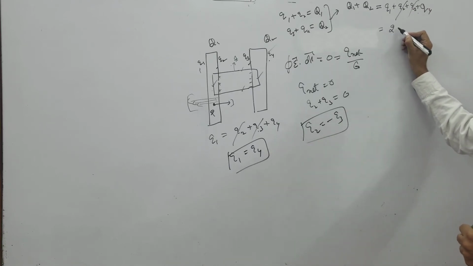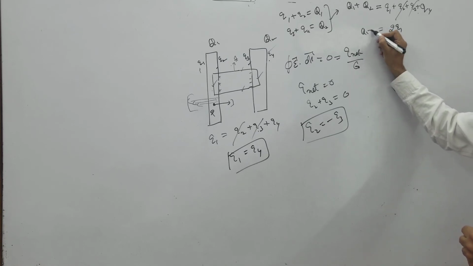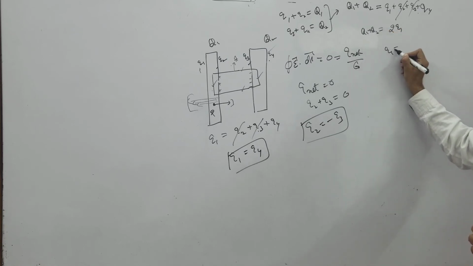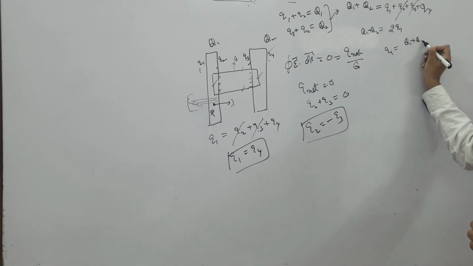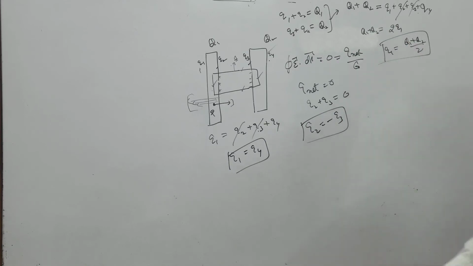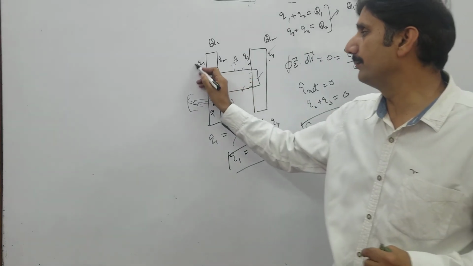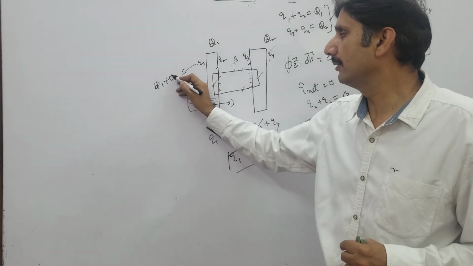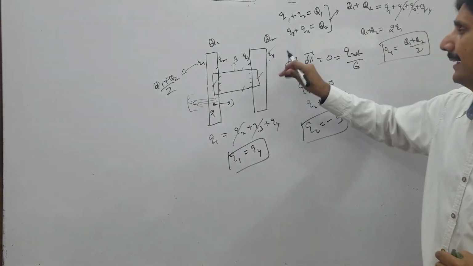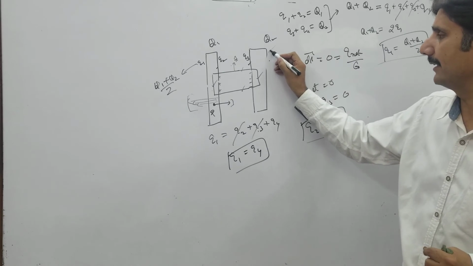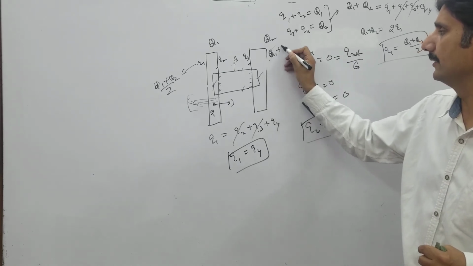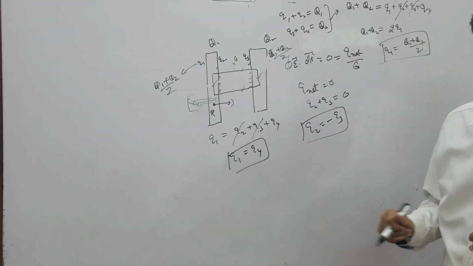That is equal to 2 times Q1 plus Q2. So Q1 is equal to Q1 plus Q2 divided by 2. The charge on this would be Q1 plus Q2 by 2, and same charge would appear on this plate, Q1 plus Q2 by 2.